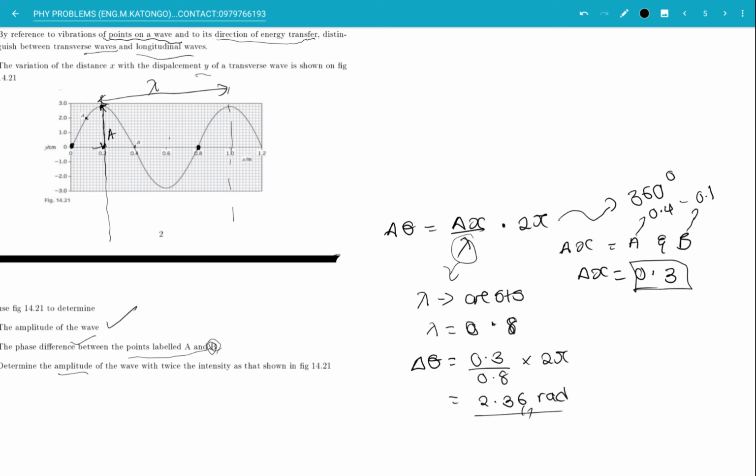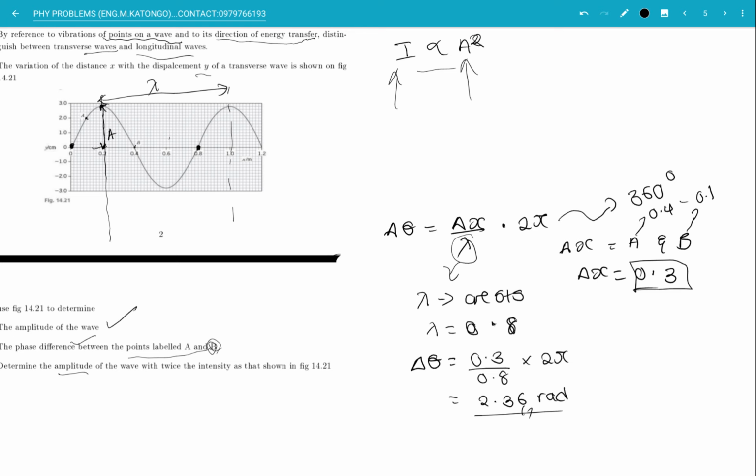So the relationship of intensity and the amplitude is that the intensity is directly proportional to the square of the amplitude. So meaning that if we increase the intensity, then the amplitude increases as well, because they are directly proportional.